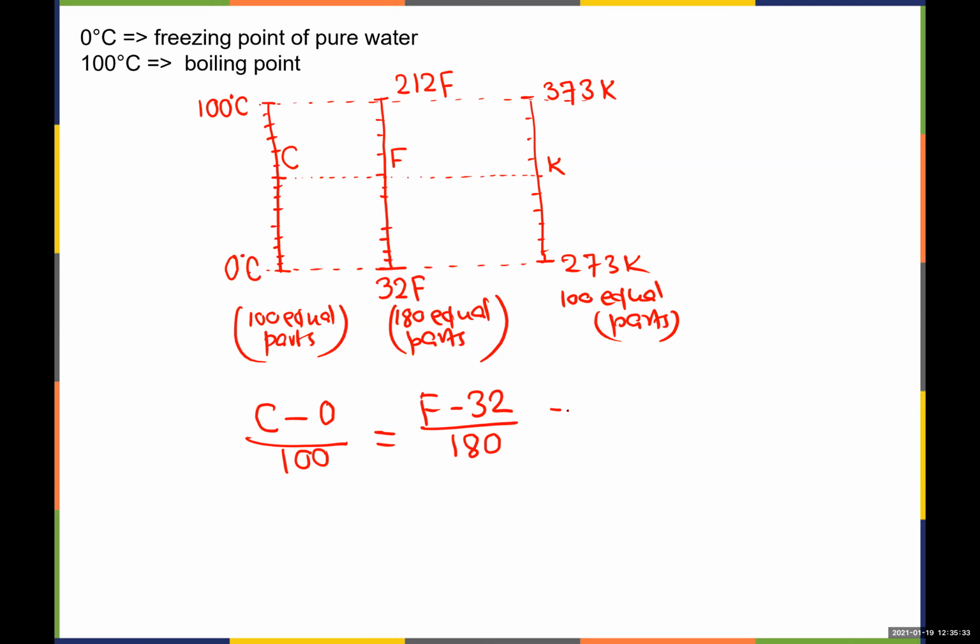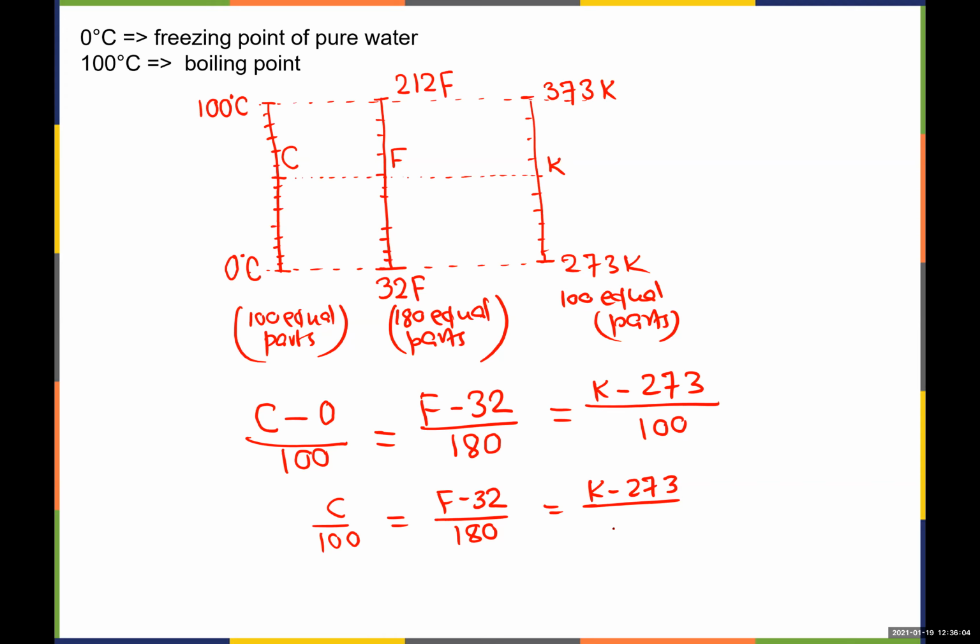And in the Kelvin scale, K minus 273 over 100. So we can simplify a little bit. It is C over 100 equals F minus 32 over 180, which equals K minus 273 over 100.